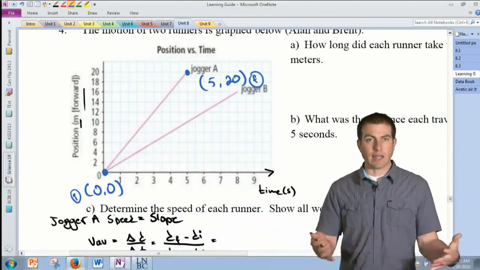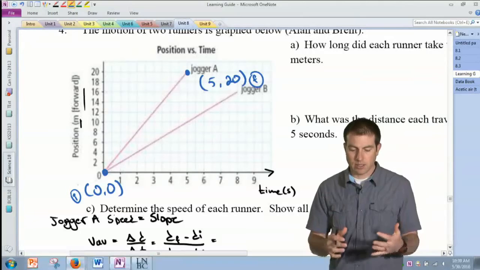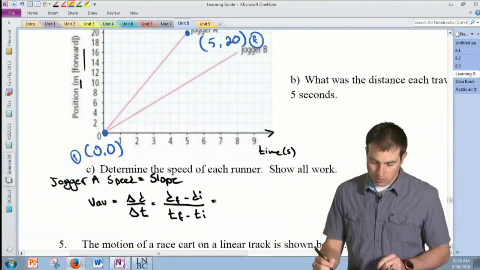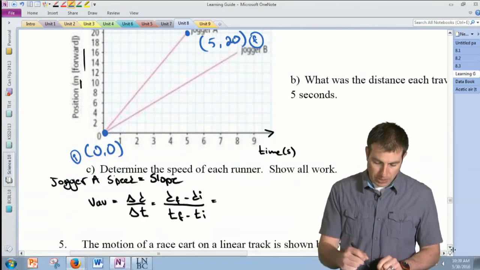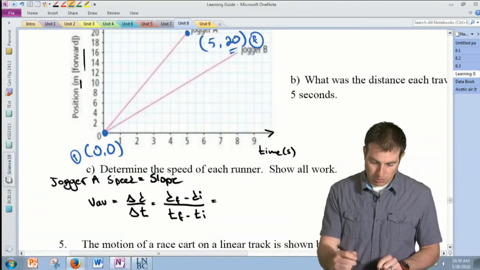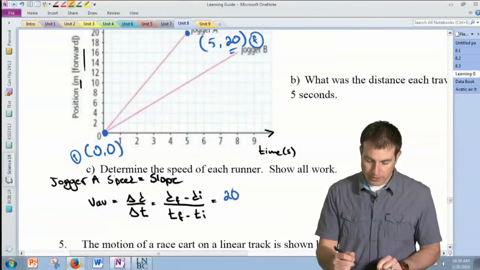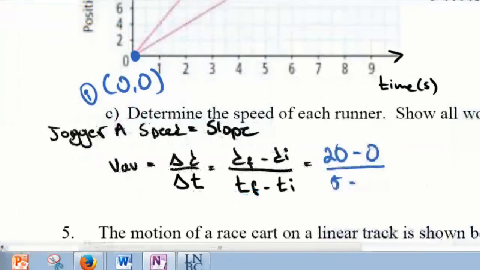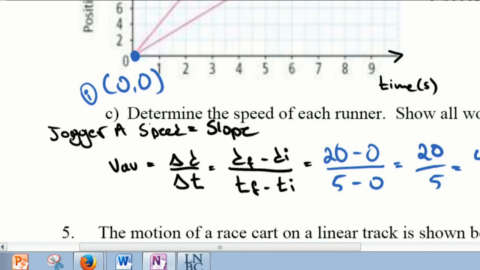Now, this is literally exactly the same as the math questions we would have done in order to calculate the slope. So my final distance is going to be 20, or my y term, minus 0 over 5 minus 0. So I'm going to have 20 divided by 5, which is going to be 4.